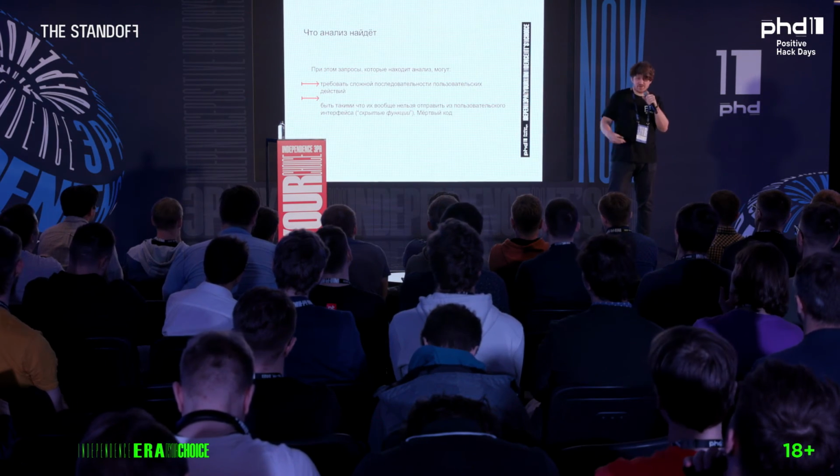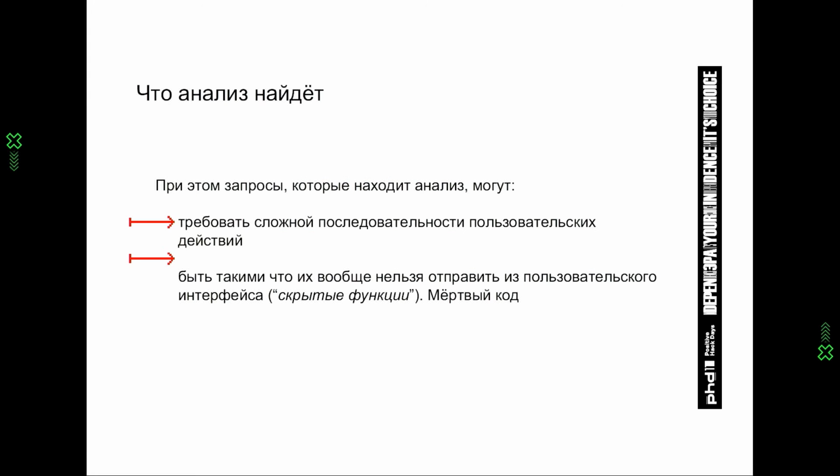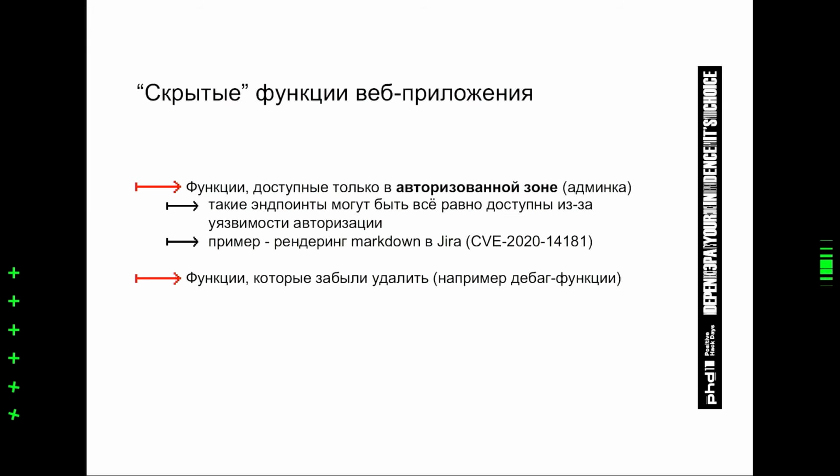Just fetch, and it's pretty easy to calculate the arguments. And these could be triggered with various complicated actions, but it's okay for the analyzer. Sometimes you can't really call it on the web page. We call them hidden functions, but in fact it's just code.